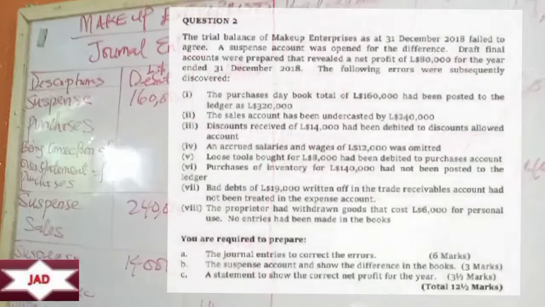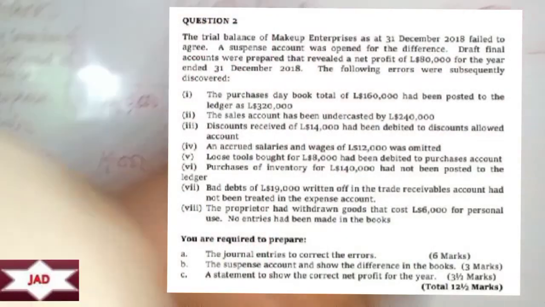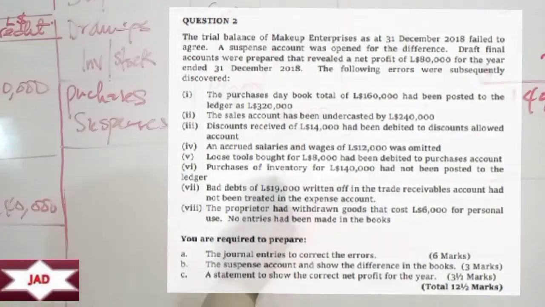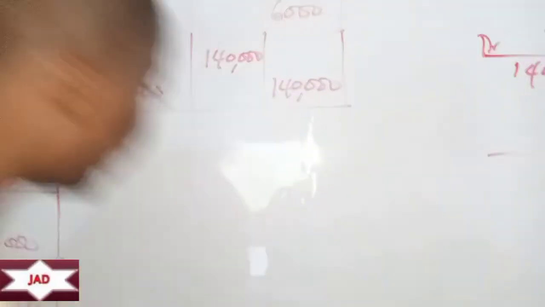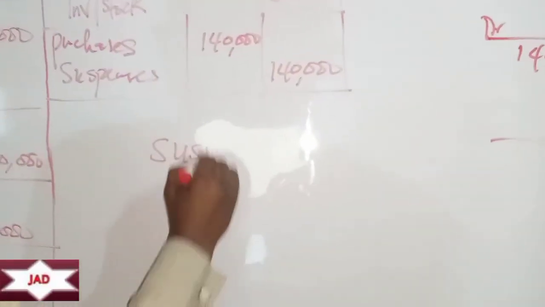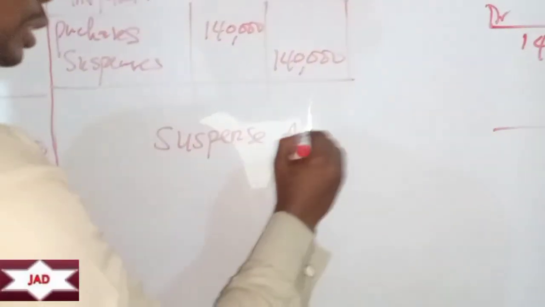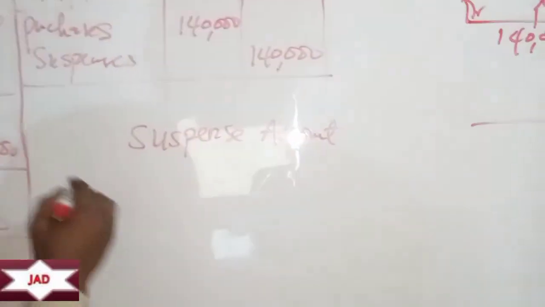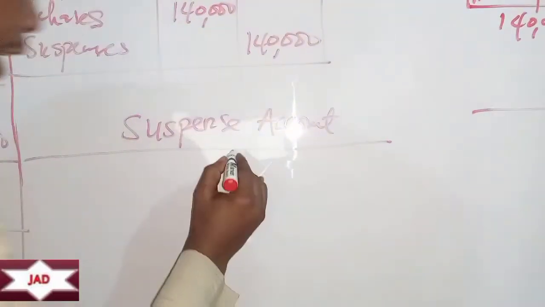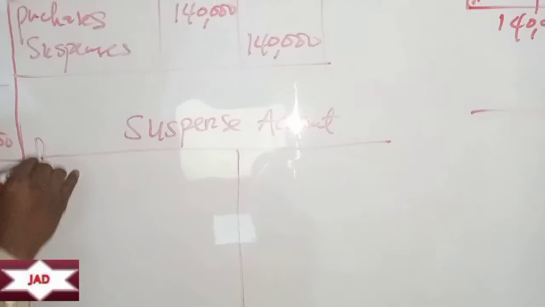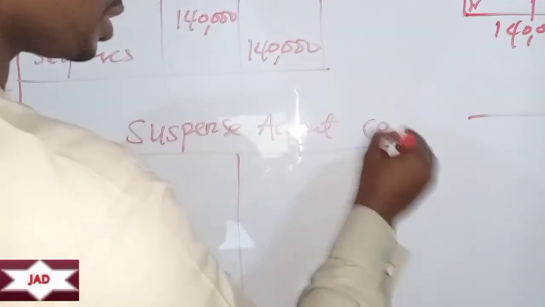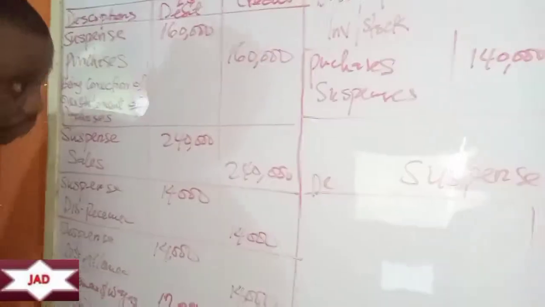So the next one said prepare the suspense account. So let's prepare the suspense account. Here is debit, here is credit. So how do we do it? We come to our journal.